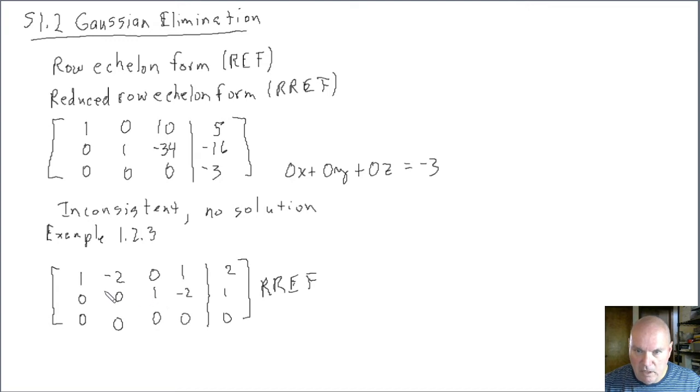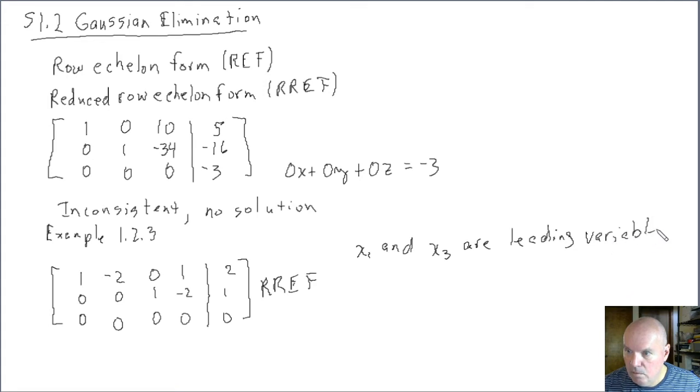So in this case, the variables that correspond to the leading ones in each row are called the leading variables. So in this case, x1 and x3 are what are known as the leading variables, corresponding to the leading ones. And then the other remaining variables, in this case x2 and x4, I usually call free variables.